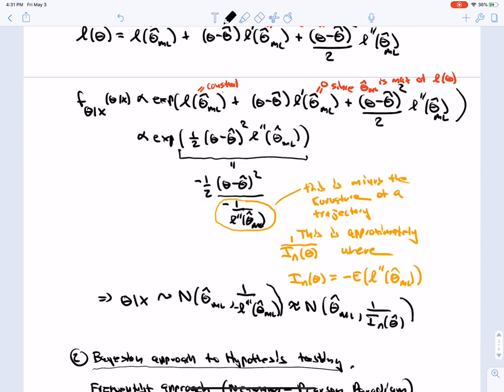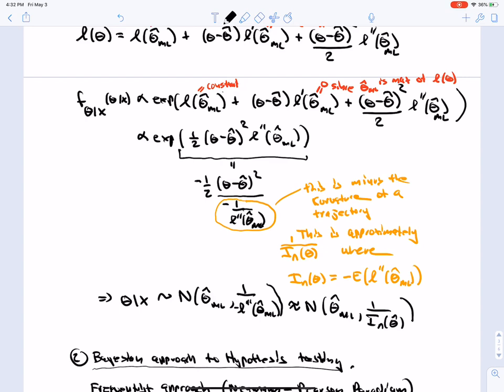We have a trajectory of its likelihood, in fact its log likelihood, and so we're looking at its curvature, and the Fisher information is the expectation of the curvature.